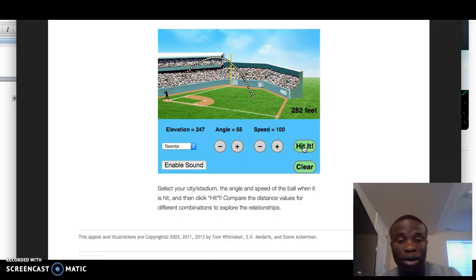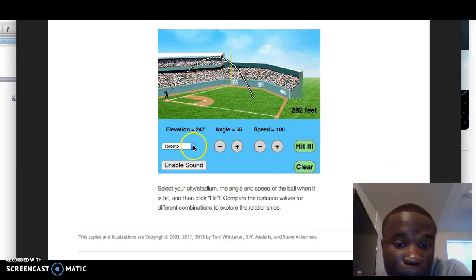In New York, with an elevation of 55, and in Toronto, with an elevation of 247, and the same angle and same speed, we get the same distance, which is 282 feet. As a pitcher, those two would be good places for me, because I can pitch the ball and have the opportunity of catching it, since my teammates can move faster and catch the ball because it spends a lot of time in the air based on the elevation.